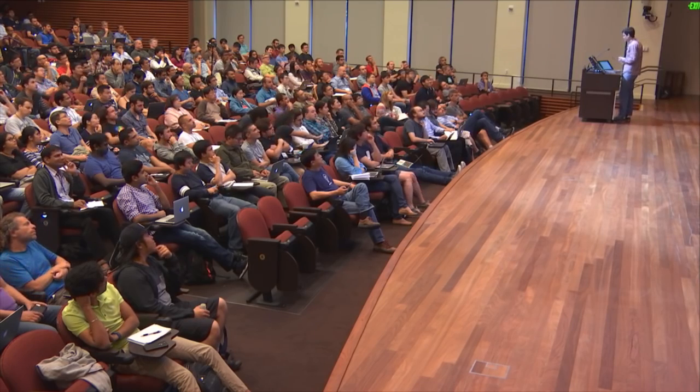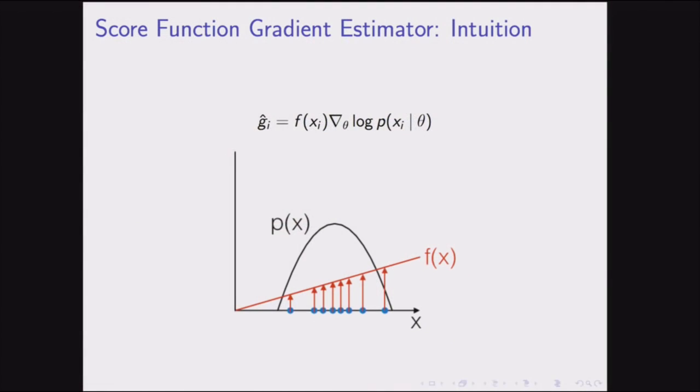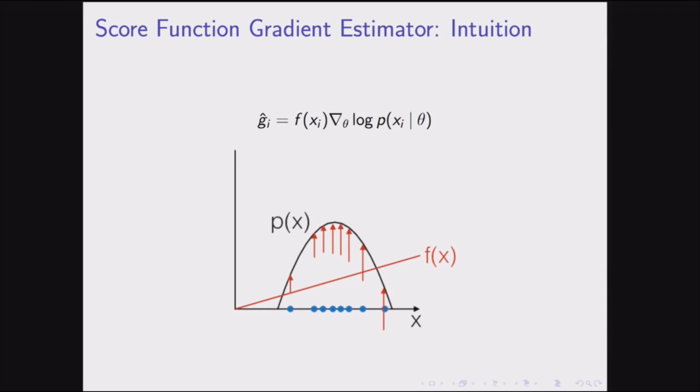Okay, so here's another little picture of what's going on. So we have our function f of x, which we're trying to maximize the expectation of. And then we have our probability density, p of x. So we just sample a bunch of values from our probability density. Those are the blue dots on the x-axis. And then we look at the function values, and we're trying to push the probability distribution so that the probability goes up at these samples in proportion to the function value.